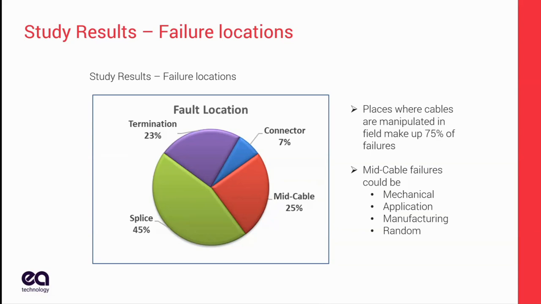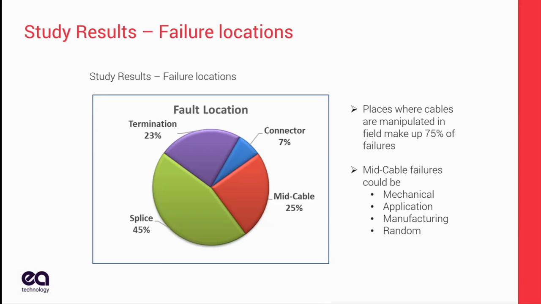We looked very closely at where these failures occurred. We've got the connector, the termination, the splice. These are all places where the technician was handling the equipment. Something was done to the cable at these points in the field.